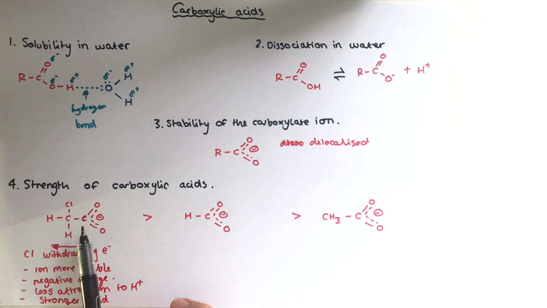Just quickly to recap, chlorine's pulling electrons away, stabilising this ion, making the delocalization lower, because the electrons are being pulled away, so the negative charge here is smaller. That's going to make it a stronger acid because there's less attraction to the protons. It can dissociate more protons into solution.